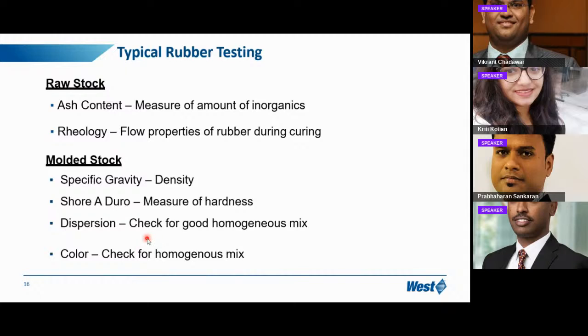Dispersion, in case of mixing: whether the ingredients we added have been properly mixed or not, whether it is homogeneous or not. So that is the reason we also take the dispersion and check the homogeneity of all the ingredients. And finally color check: whatever color we added, whether that color has mixed properly and uniformly. So all these checks are done by our quality team.